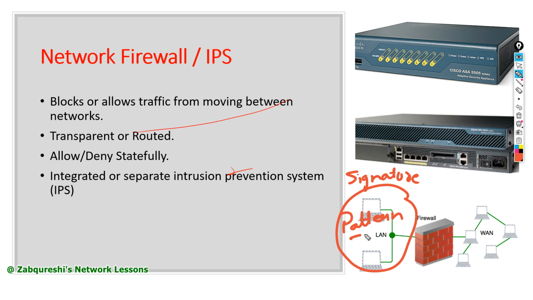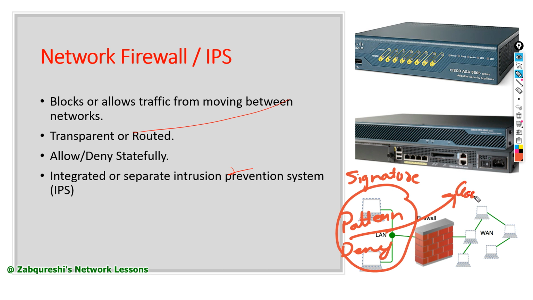When something out of the pattern happens, it can produce a log that something has happened, or it can even block the traffic that is away from the pattern. Again, the signatures are dynamically updated from the cloud.